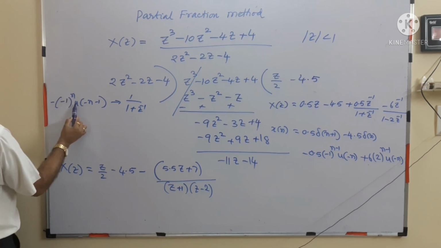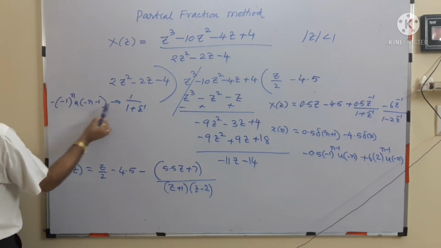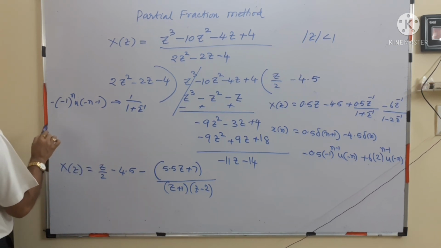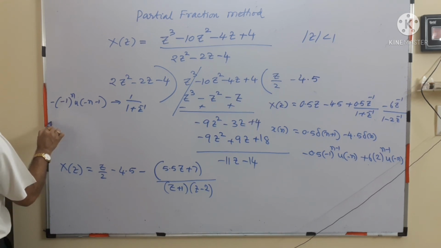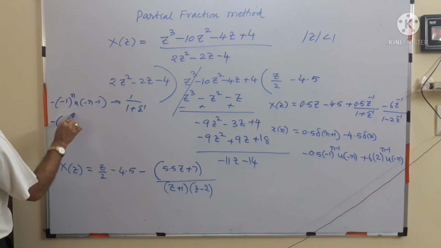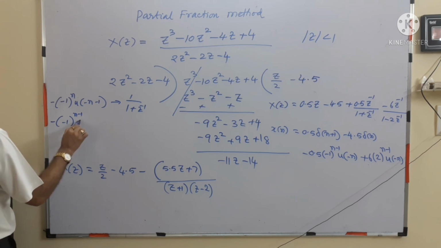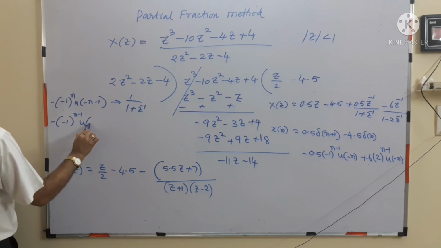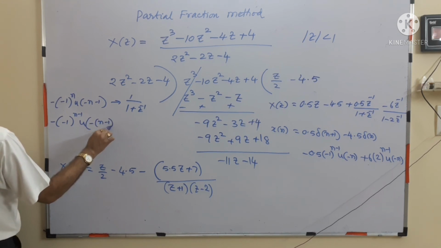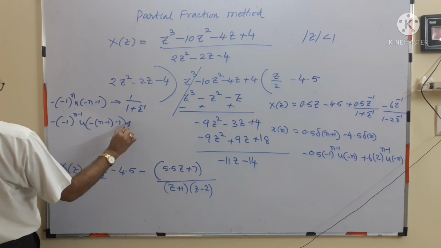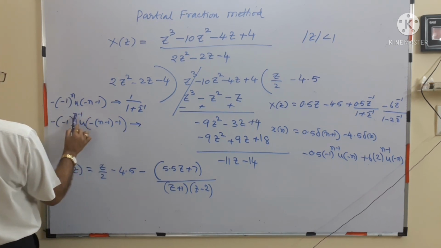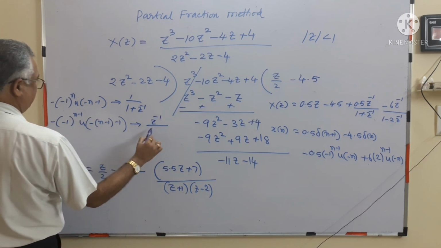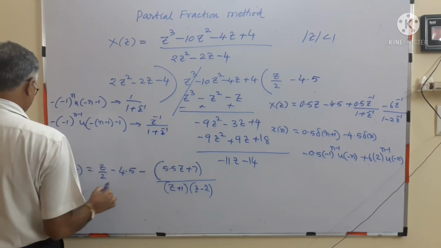Then in place of n I am writing n minus 1, so we get z inverse by (1 plus z inverse).